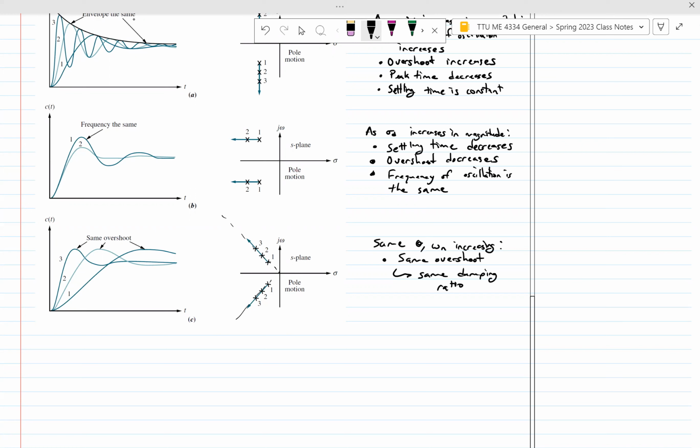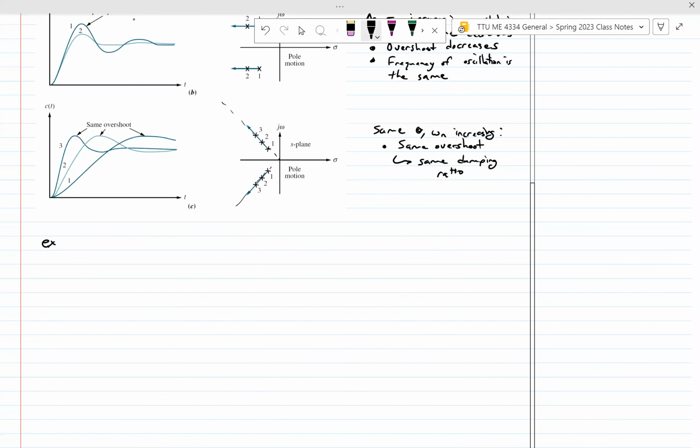Okay, so let's go through an example here. So I'm going to give you guys a figure. I'm going to try and draw this out properly. We probably won't do a great job. I'm going to give you the poles of a system. So this is our real and imaginary parts here.